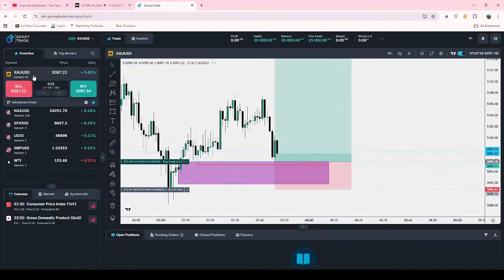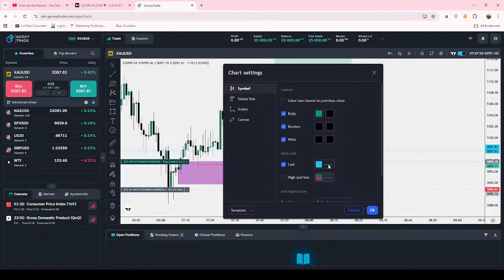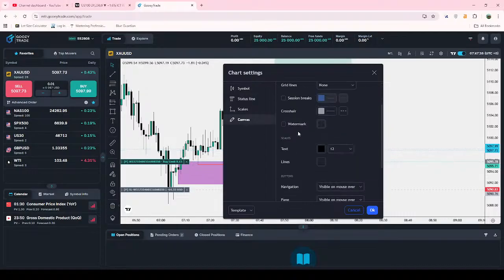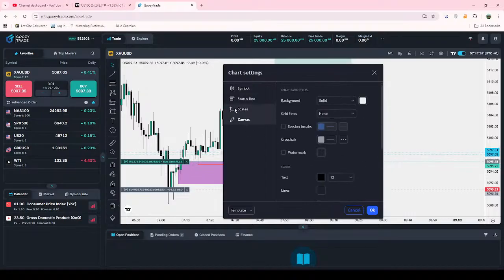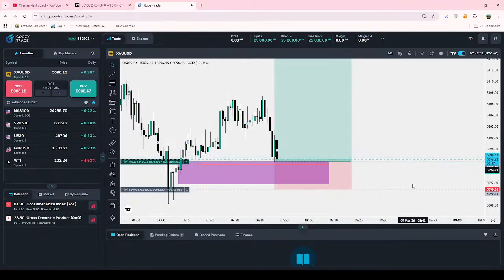Let's look at gold. Let's change the settings to countdown at the bar close. Okay, we should have been in this trade by right now.